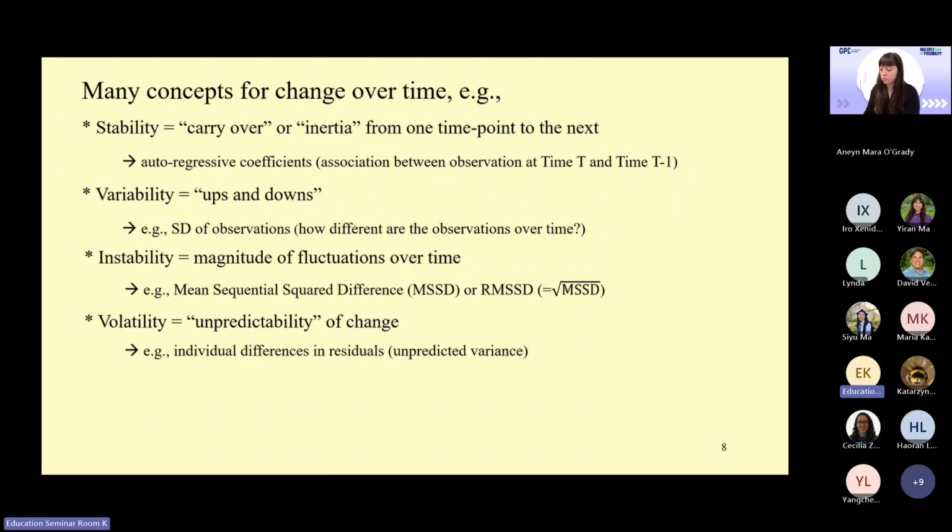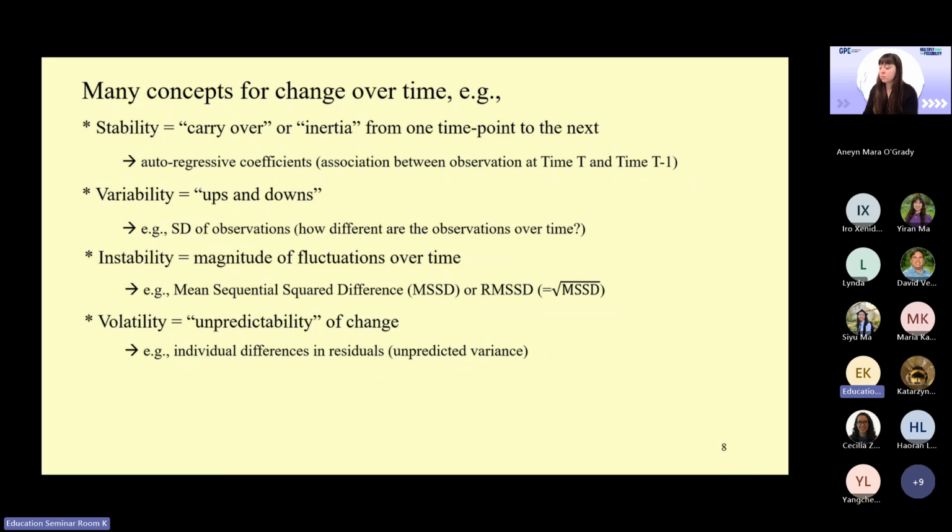Then there are 2 more measures that are quite similar, but also distinct from them. The next one is instability. So this is the magnitude of the fluctuation. So not only how variable they are, but from one time point to the next, how large the fluctuations are. And this can be captured by something called mean sequential square differences, or the square root of it. And then we have volatility.